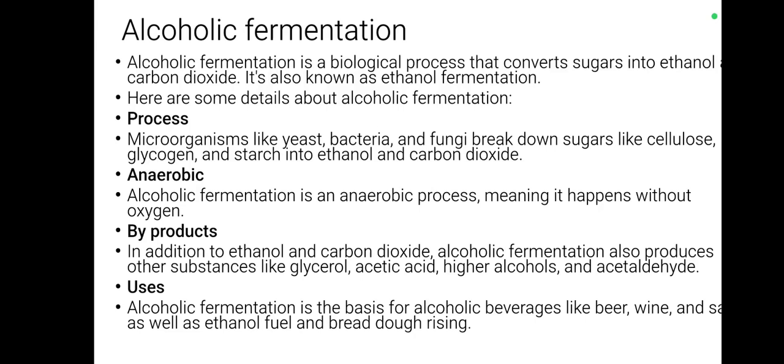How does alcoholic fermentation take place? Microorganisms like yeast, bacteria and fungi break down sugars like cellulose, glycogen and starch into ethanol and carbon dioxide. Alcoholic fermentation is an anaerobic process, which means the process takes place without oxygen.